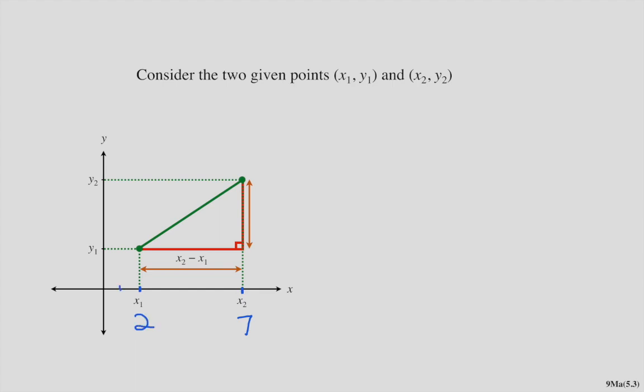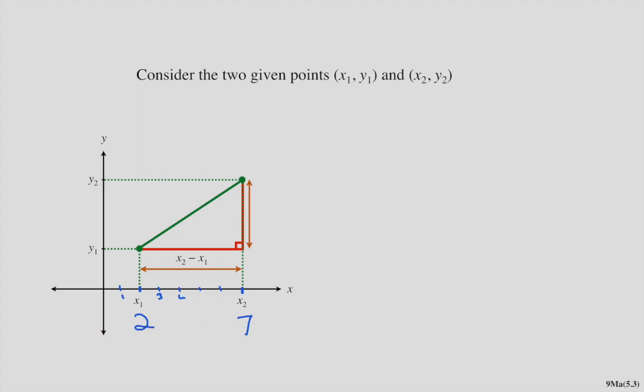So there's 1, 2, 3, 4, 5, 6. How would you find the distance between 2 and 7? Well, if we know the full distance is 7, and we know this distance is 2, we could subtract them to find the distance between them. So it'd be 7 minus 2.